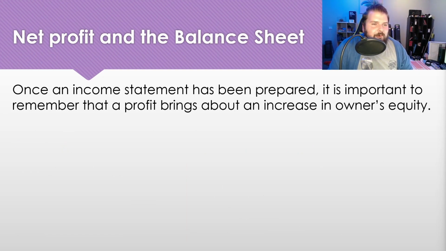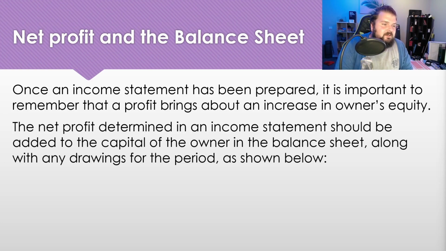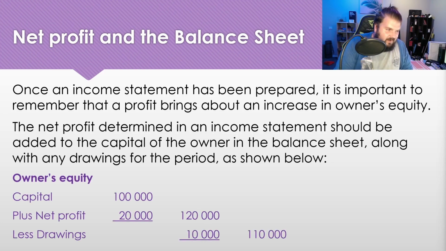Now, when it comes to net profit in the balance sheet, it appears in the owner's equity section. This is because it is the net profit that goes to the owner. It's theirs. So this will either increase or decrease our owner's equity. Here's an example.